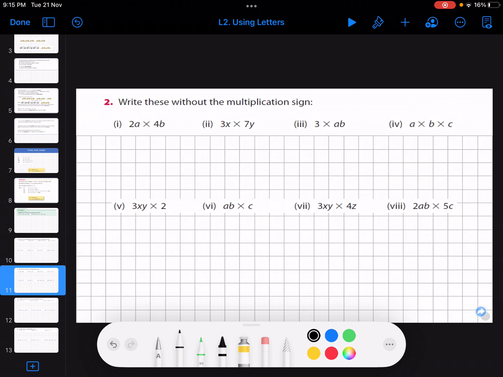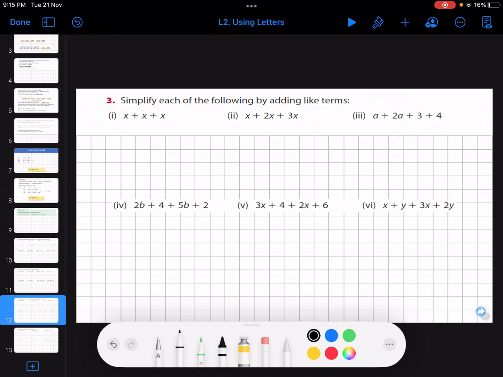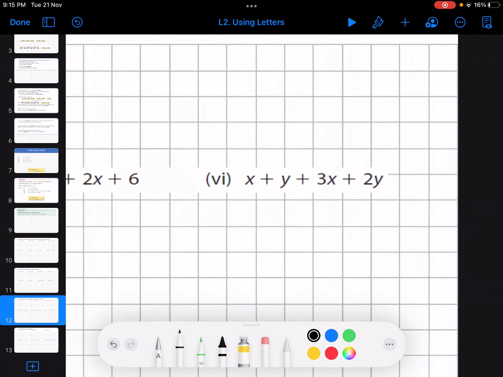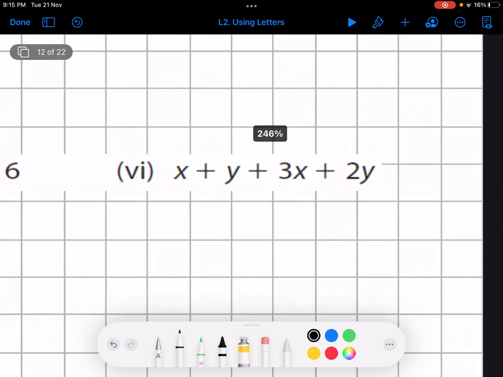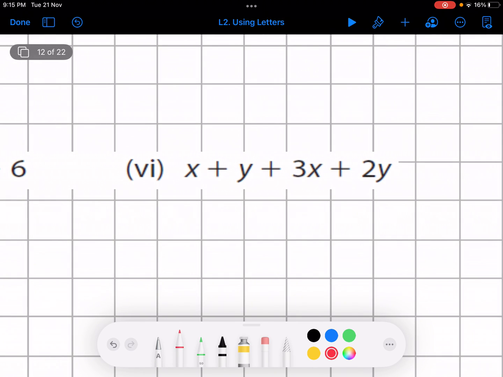Let's have another look at another sum. So if we were to look at question 3, part 6. Here we have x plus y plus 3x plus 2y. So we have an x. We have another plus 3x, so we can put them on one side.